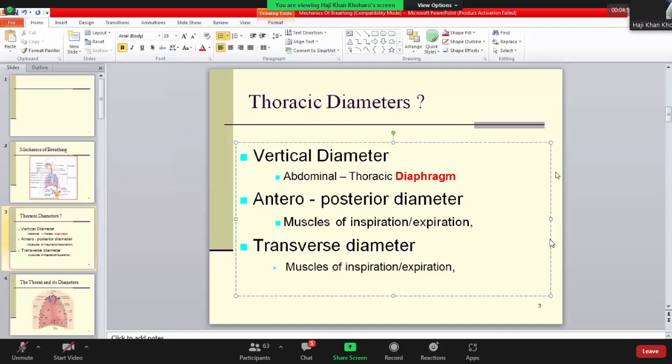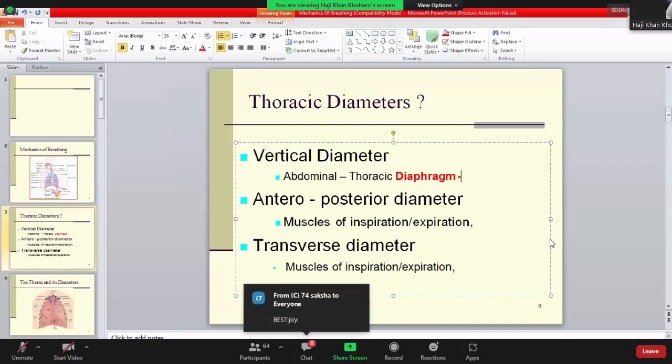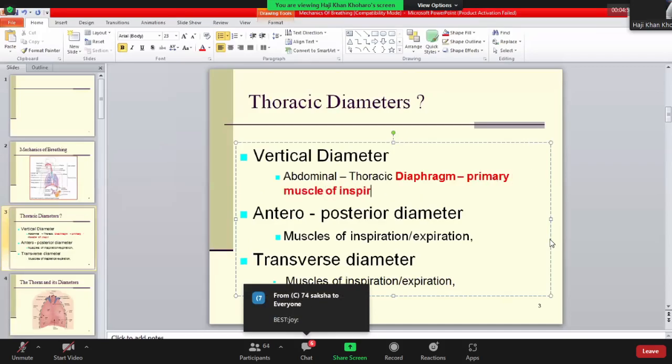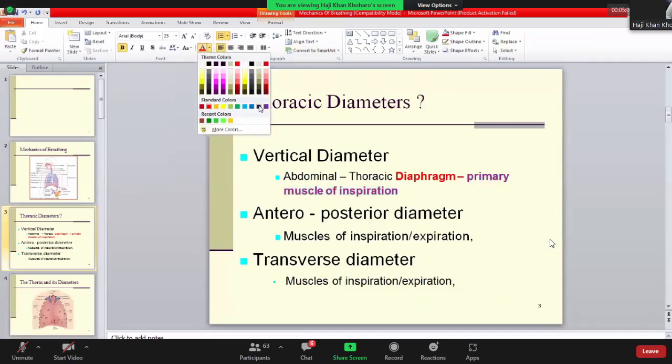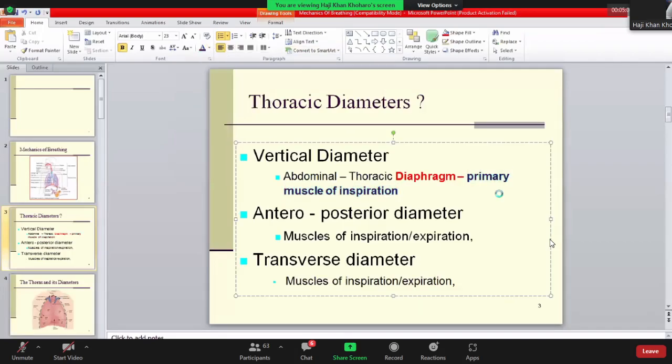The diaphragm is known as the primary muscle of inspiration. As the diaphragm moves up and downward, it increases the vertical diameter of the thoracic cavity. The vertical diameter is the most important diameter that causes lung inflation and deflation.